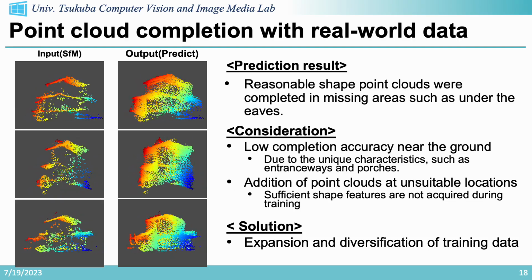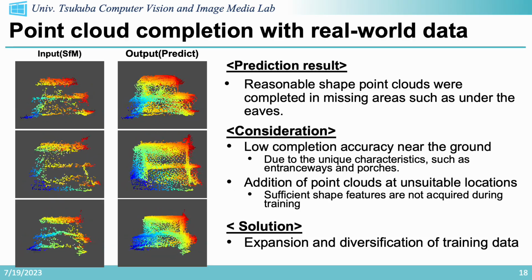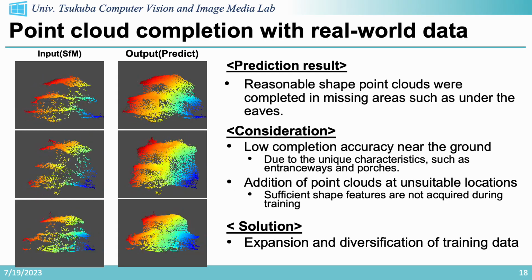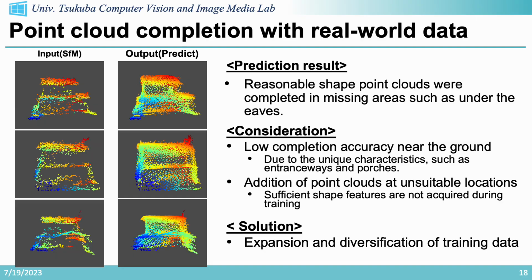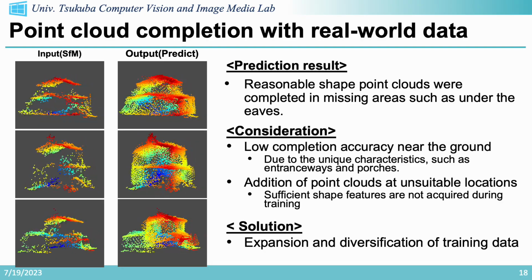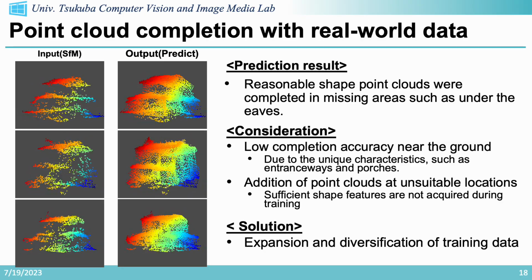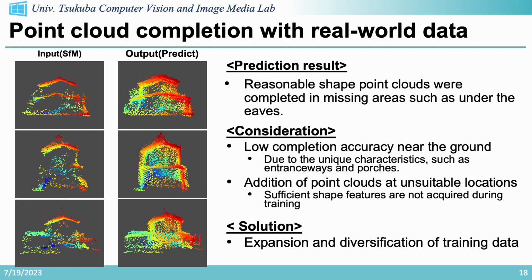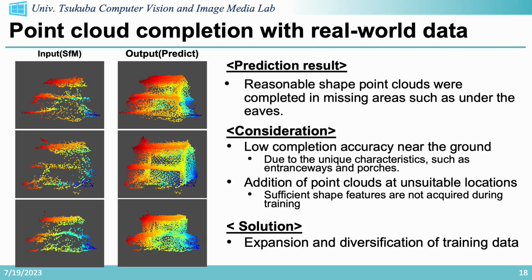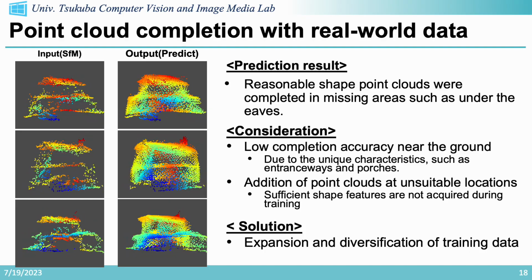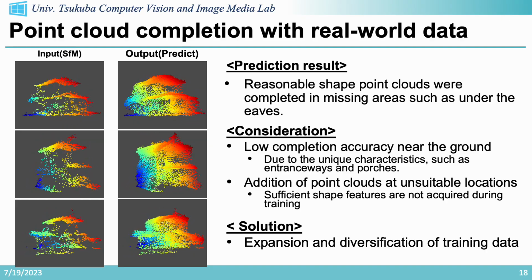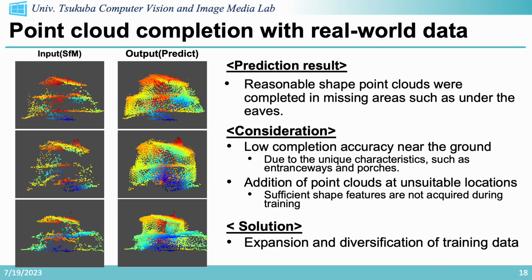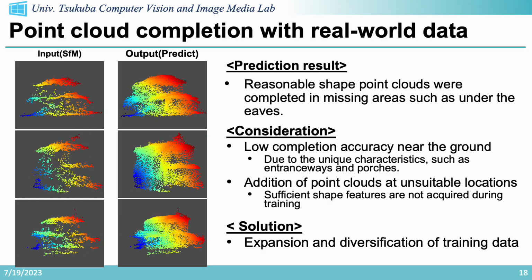Whereas, as shown in the bottom example of the result, there are cases where large missing areas close to the ground were not completed well. We believe this is due to the universality of the shape under the eaves, in contrast to the unique characteristics of each structure in the area close to the ground, such as entrances and porches.